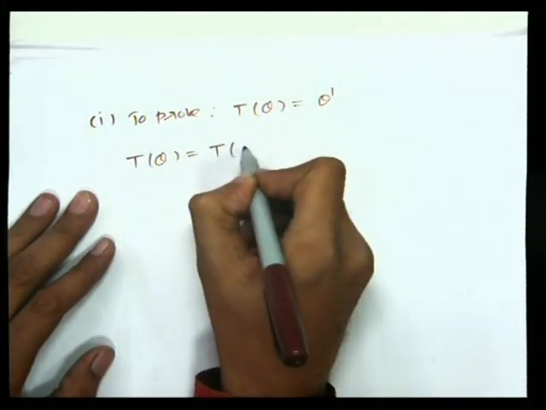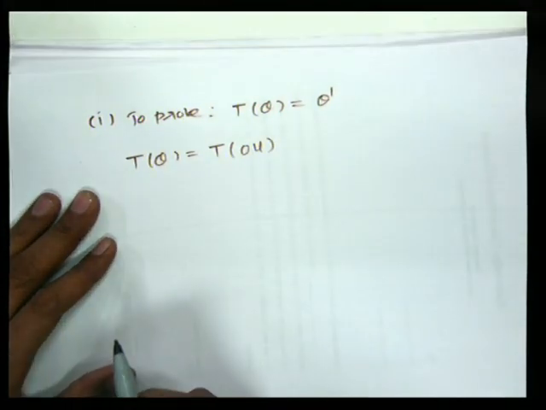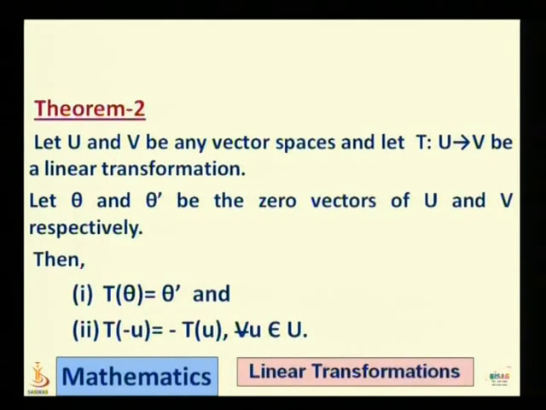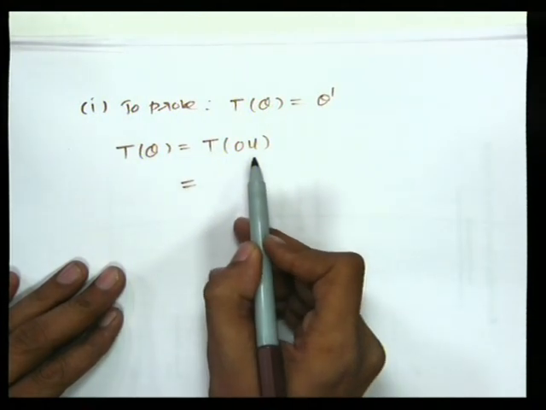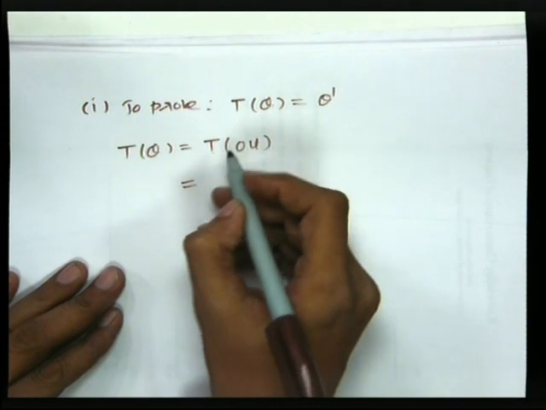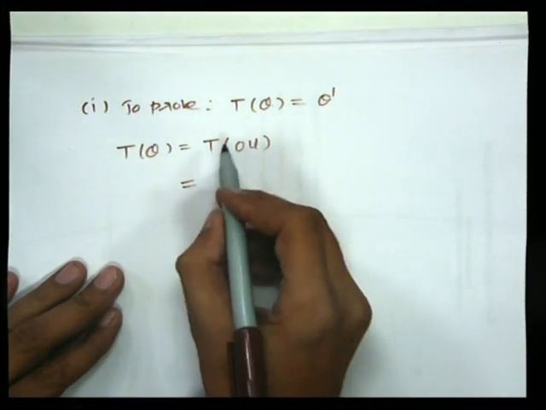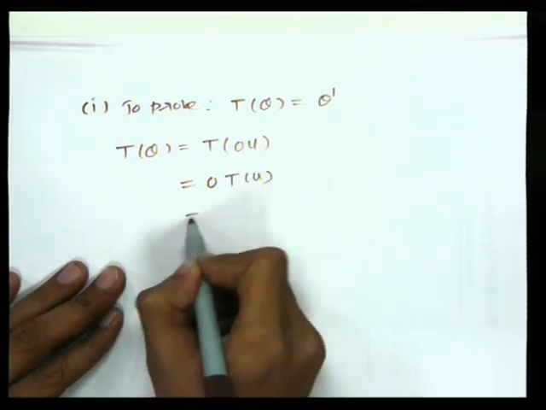We can write T of theta as T of 0 into u, where 0 is a scalar and u is any vector of U. Now T is a linear transformation, so we can take the scalar out, and we can write 0 into T of u.